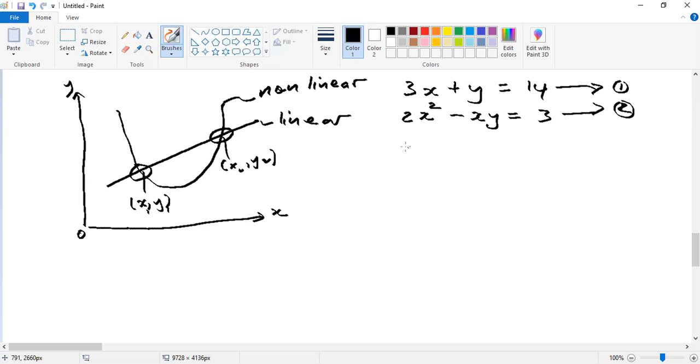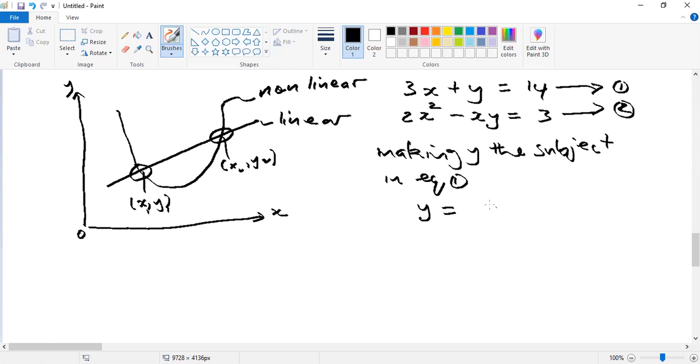So I'm making y the subject in equation 1. So this is y equals 14 minus 3x.